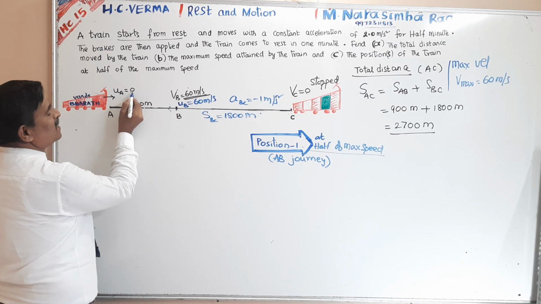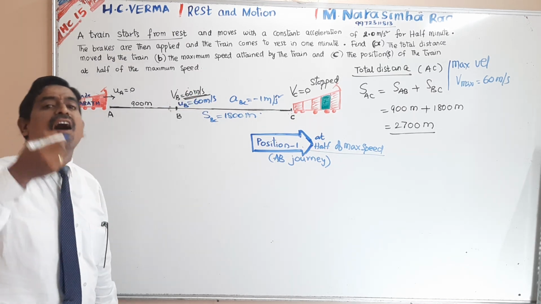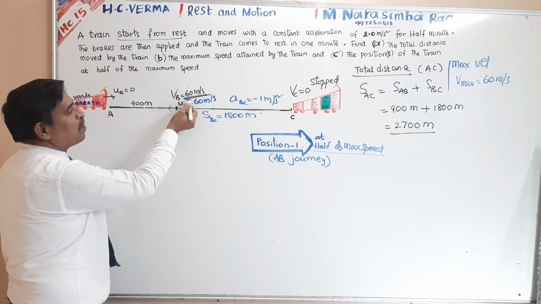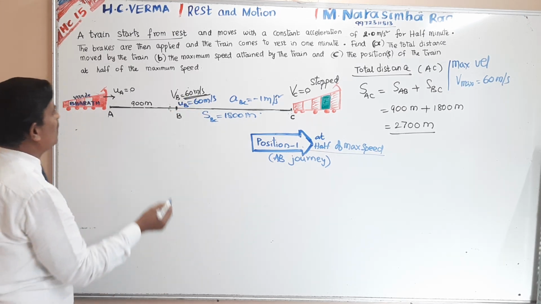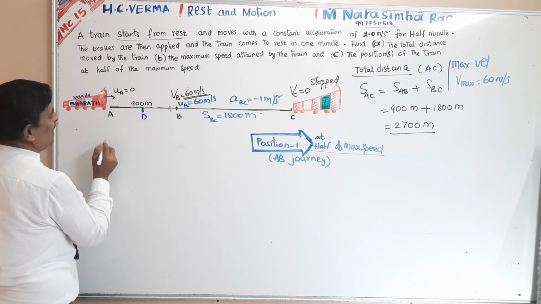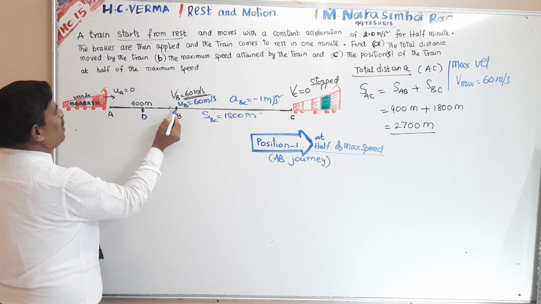Initial velocity 0, at B maximum velocity 60. Half of the maximum speed means 30. Suppose the train is at the point D.